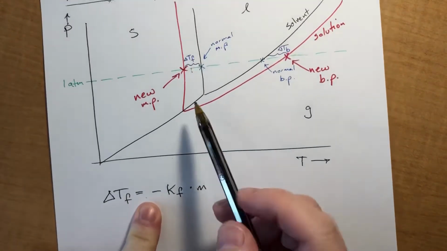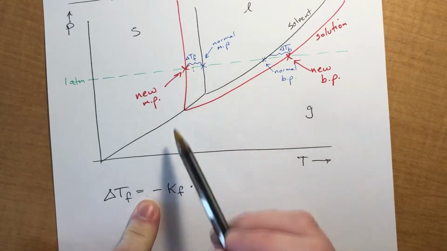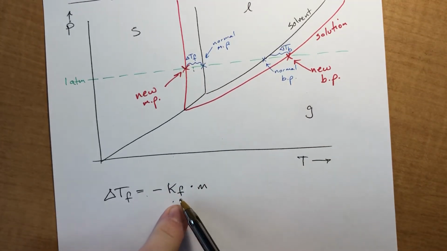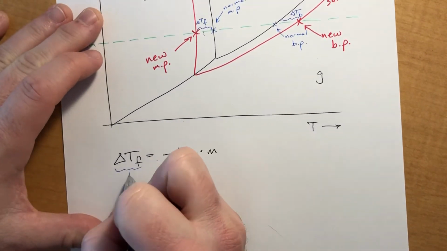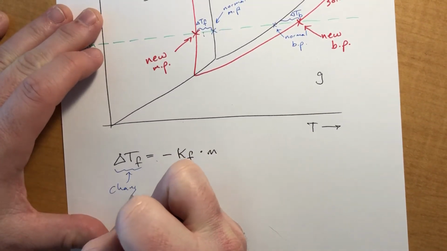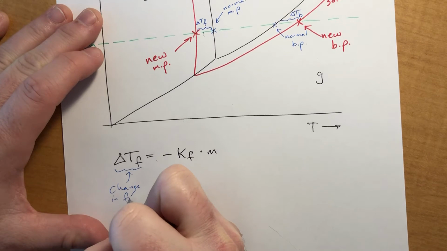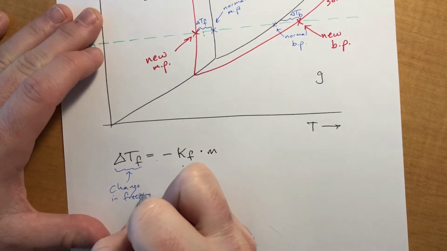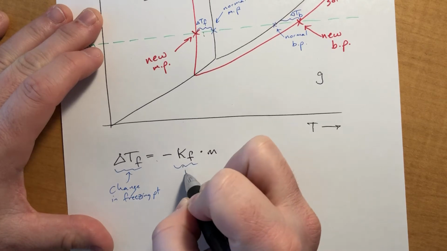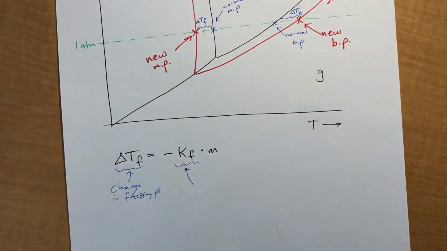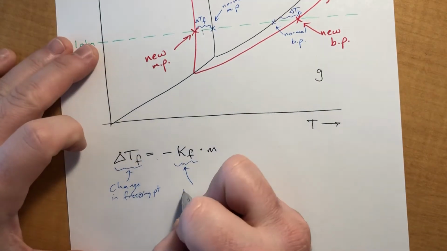It's negative because the freezing point is going to drop, okay? So this accounts for that. KF is literally just a constant. So I guess I should label everything: change in freezing point, and KF is called the molal freezing point depression constant.